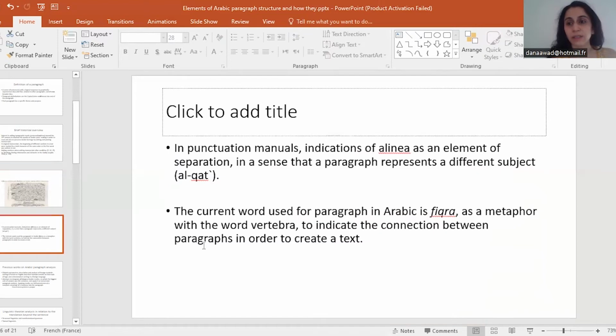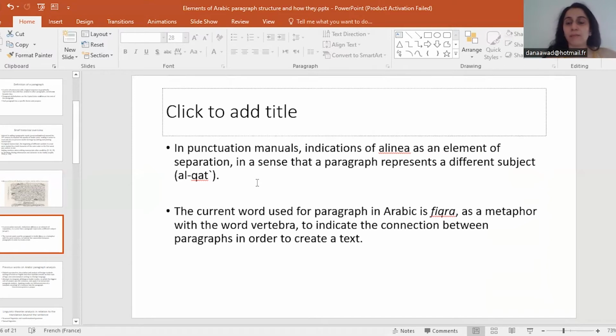But here our interest is in the paragraph marked by an alinea. So in punctuation manuals, indications of the alinea as an element of separation and not an element of segmentation.